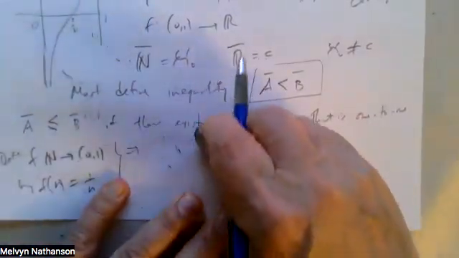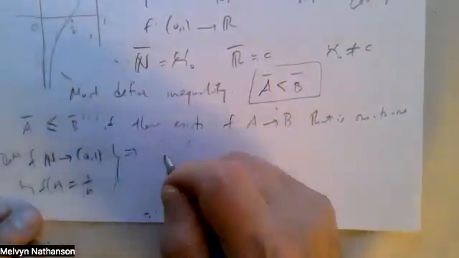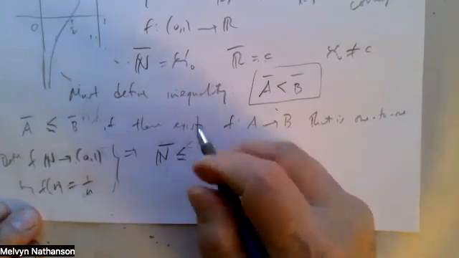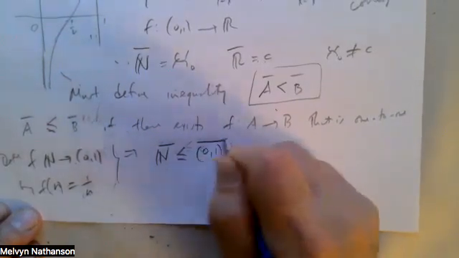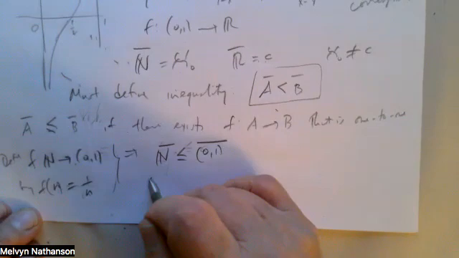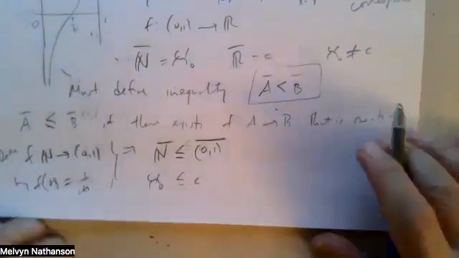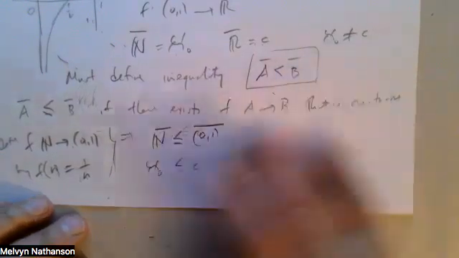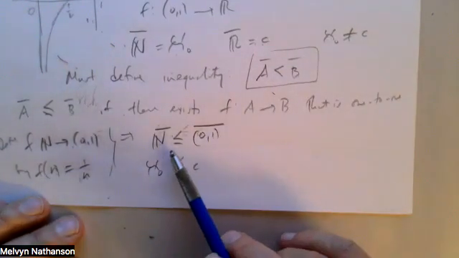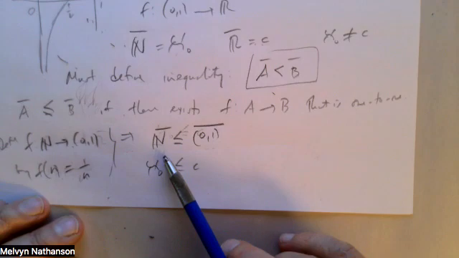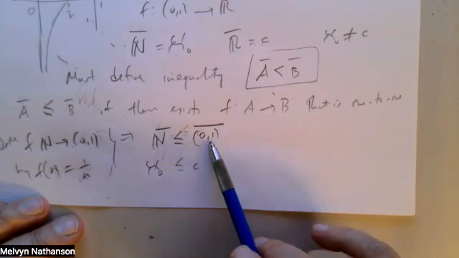So the cardinality of the positive integers is less than or equal to the cardinality of this open interval, where aleph naught is less than or equal to C. So this is what it means for one set to have less than or equal to the number of elements in another set.